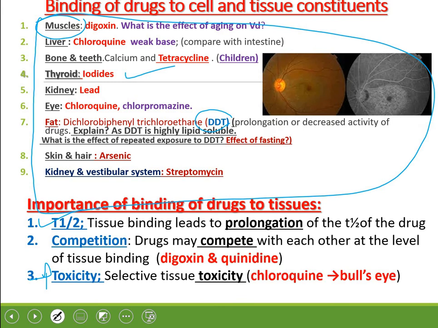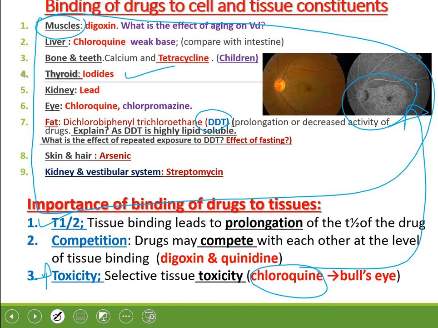And you can see in the case of chloroquine, which goes and attaches at the level of the eye, these are the retinograms, and here you can see a typical bull's eye. That is specific for the toxicity of chloroquine or hydroxychloroquine, the phenomenology like that of a bull's eye.